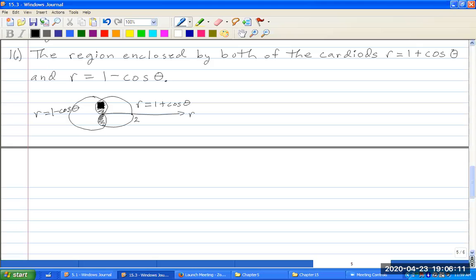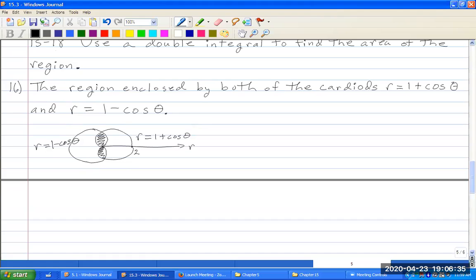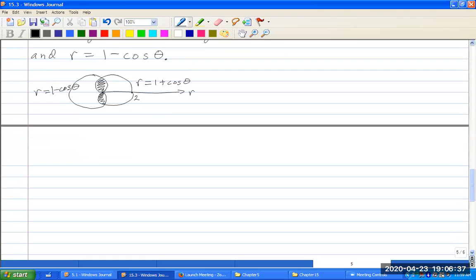And so to enclose both of them, well, it's going to be in between these two. So somehow I want to look at this region here, where I've enclosed both of these. Okay. So let's find the area.